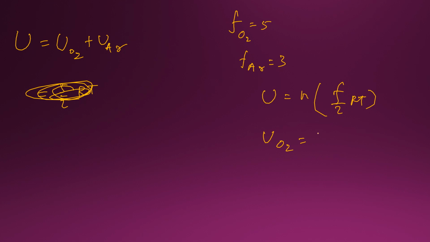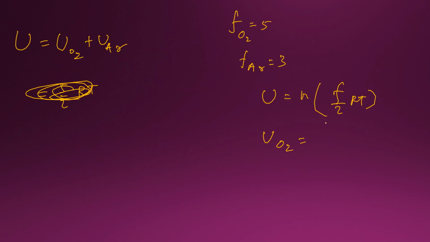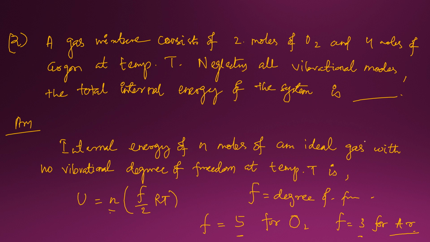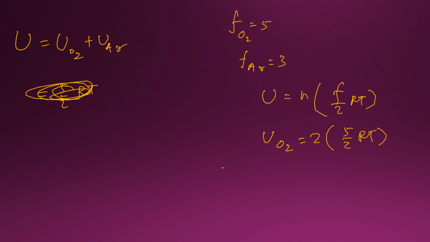For O2, how many moles? 2 moles. 2 into F by 2, that is 5 by 2 RT. How many moles of argon? 4 moles. So 4 into 3 by 2 RT.